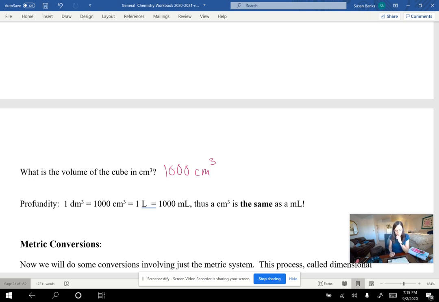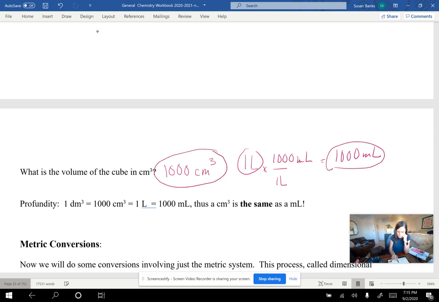So how many milliliters are in a liter? Milli means 1,000, right? So 1 liter, I'm going to have 1,000 milliliters. So 1,000 milliliters is going to equal a liter as well. So does that mean that centimeters cubed and milliliters are the same? Yes, it does. So a centimeter cubed is a milliliter.